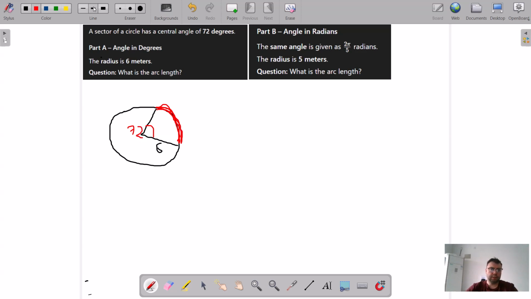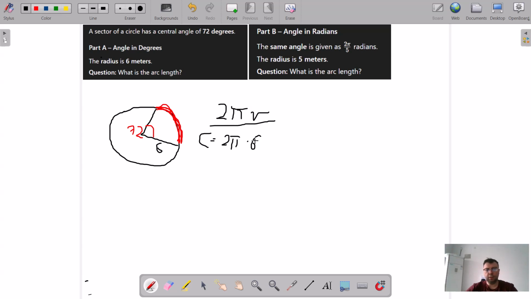So you know that to calculate the whole circumference of a circle, the total length, is given by the formula 2 pi times r, and r is the radius. So the whole circumference would be 2 pi times 6.